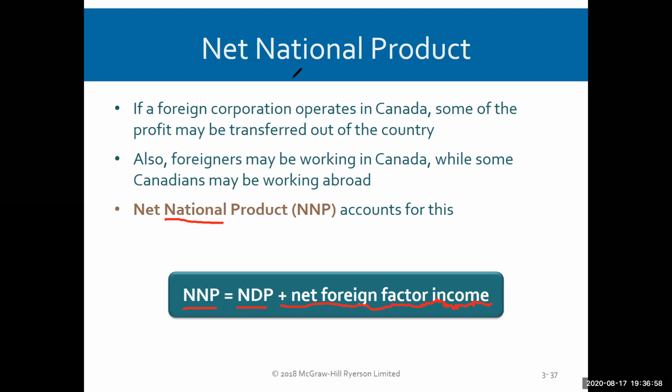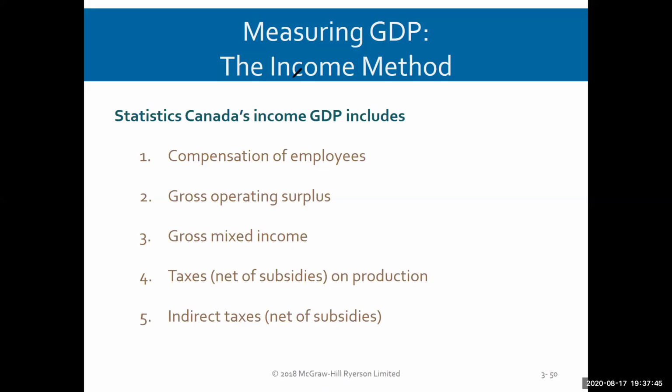Now we're going to look at the actual gross domestic income side of things. So here we go. We're looking at gross domestic income, and we need to add up these particular things.